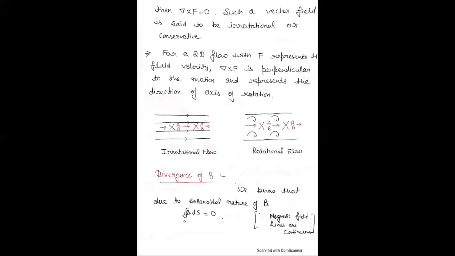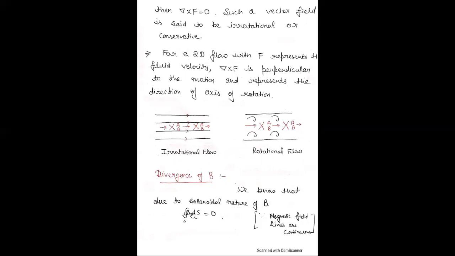Now, in my topic, what is the divergence of B? We know that due to the solenoidal nature of the magnetic field, because magnetic field lines are continuous, the closed surface integral of B dot ds is equal to 0.